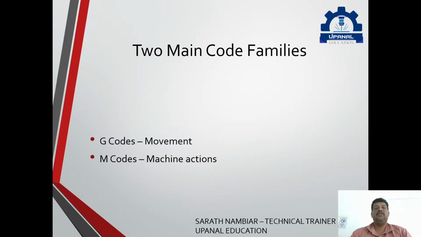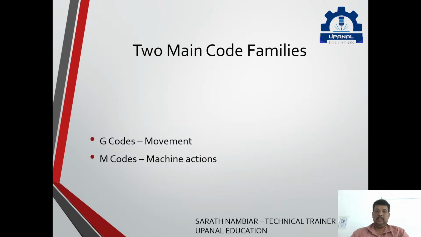If you take the case of a car, it's like telling it to turn on the headlights, turn on the wipers, turn on the indicators, stop the vehicle, start the vehicle. All those things are controlled by M codes. So that's the basic thing about G codes and M codes.